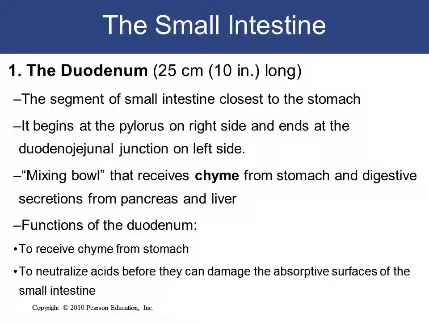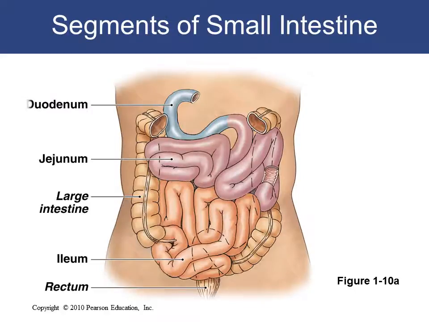So the duodenum is like a bowl that receives three things from three areas. It receives chyme from the stomach, and digestive secretions from the pancreas and also from the liver. The function of the duodenum is to receive chyme from the stomach and also to neutralize acid before it can damage the absorptive surfaces of the small intestine.